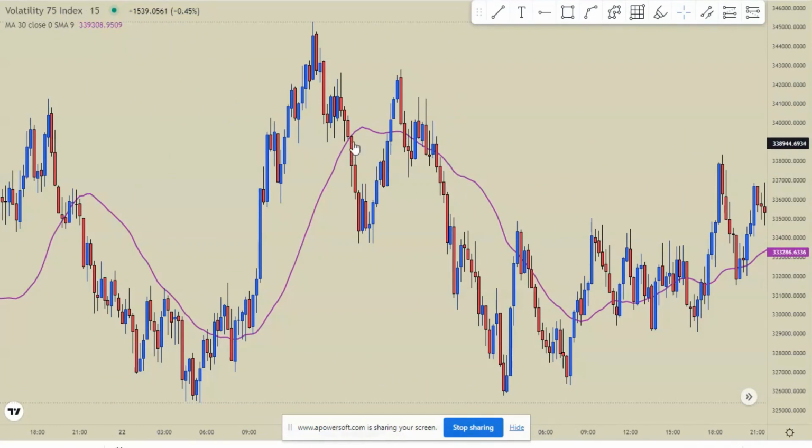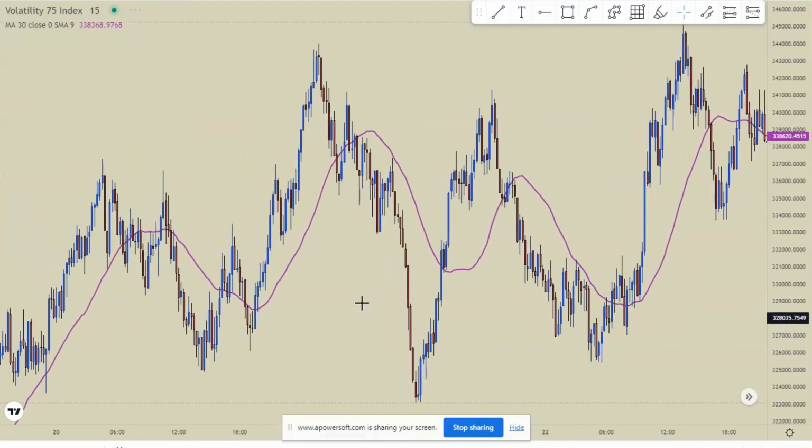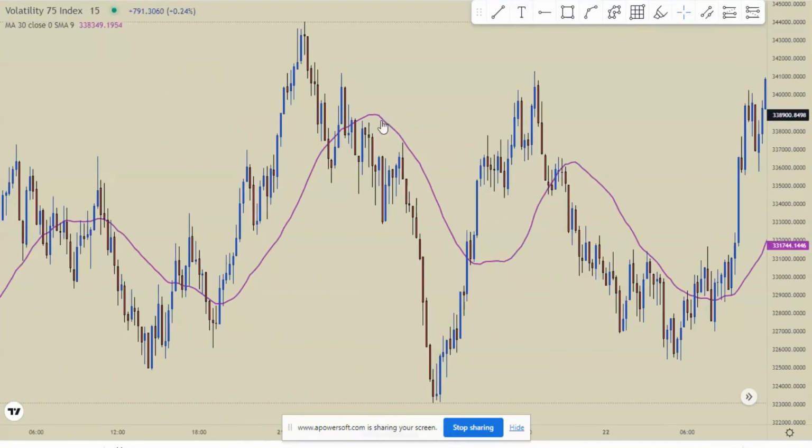Whenever the market crosses below and then you're selling, maybe you would be in profit. Even with these ones, you can find a way of also finding a take profit point, but still you can see that it has some relevance to it.